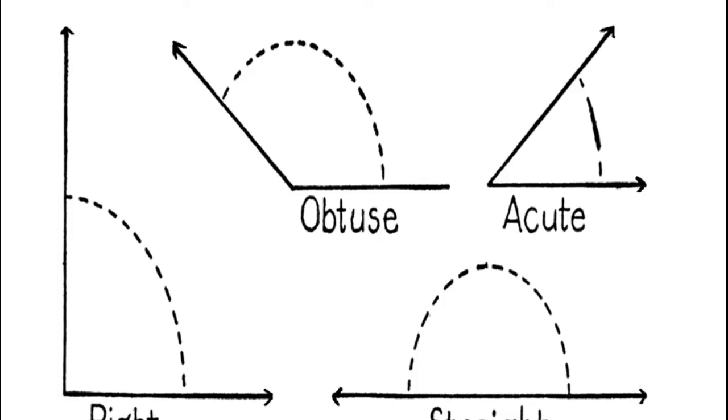Next, these are the figures which show: first one is obtuse at the top left, then on top right is acute, then on the bottom it's right angle, right angle, and then a straight angle which is 180 degree.